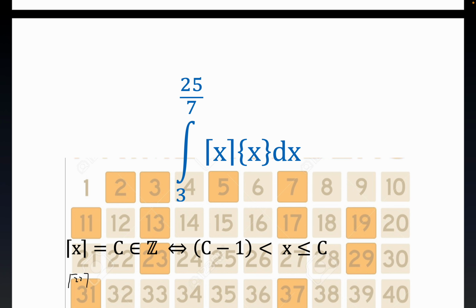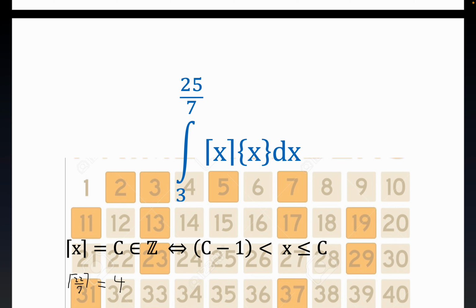22 divided by 7. Now, intuitively, the ceiling of this is the next highest integer. 22 over 7 is between 3 and 4, so the ceiling of 22 over 7 is 4.